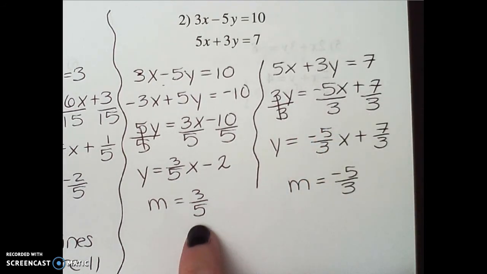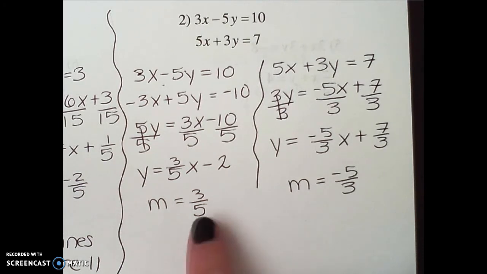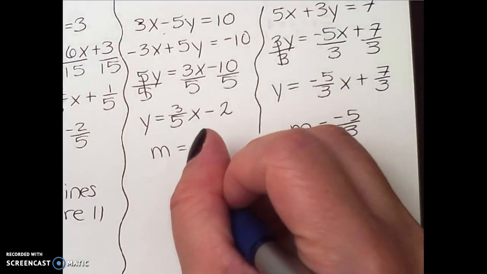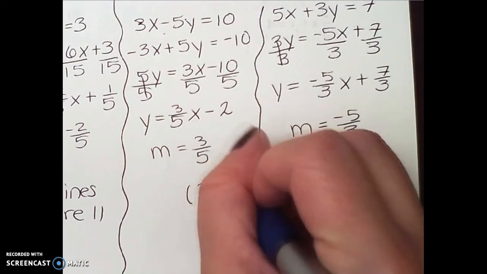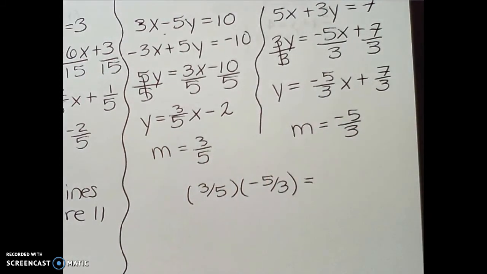So I have a slope of 3/5 and I have a slope of negative 5/3. Hopefully you will recognize that these are negative inverses, but we need to go ahead and show that on our paper. So as we did last unit, we're going to take our two slopes and multiply them together. Check it in our calculator and show that we get negative 1.